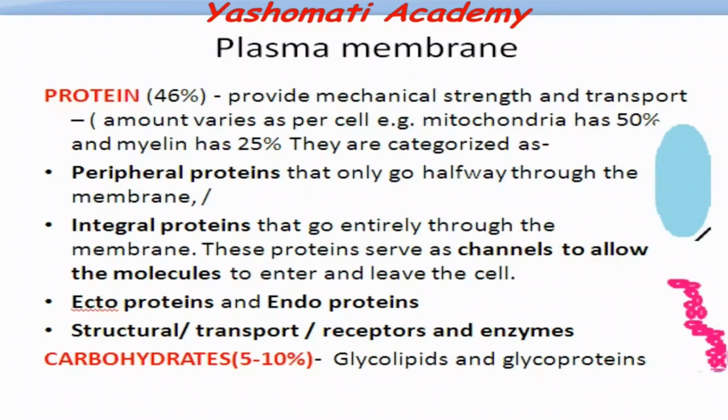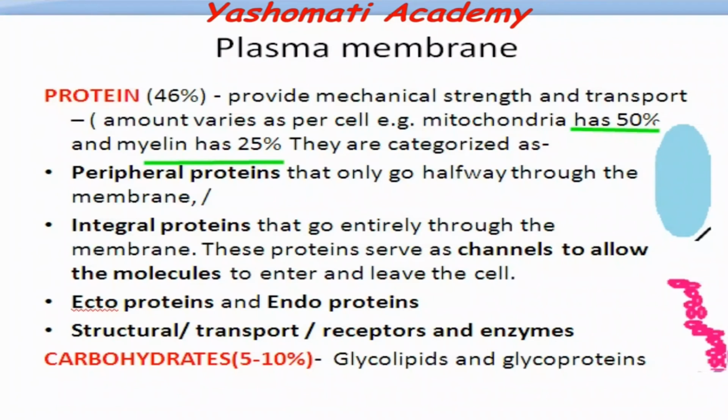Their concentration varies: in mitochondria there are more proteins in the membrane, up to 50%, whereas myelin, which is present on the axon of nerve cells, contains only 25% protein. That means in myelin there will be more lipids.